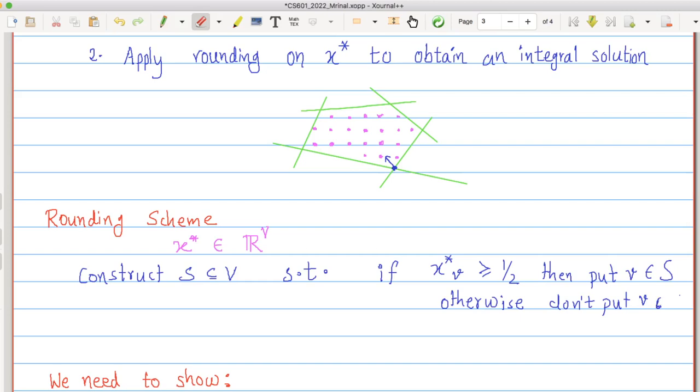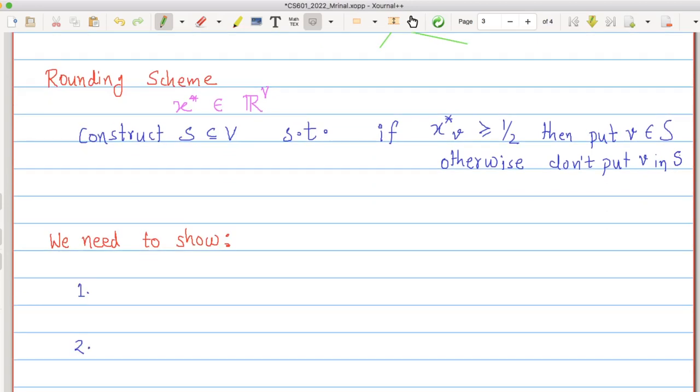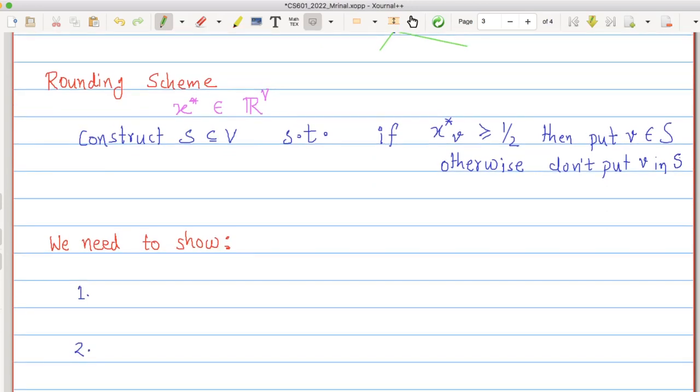So now the first thing we need to show is that the set S we are obtaining is indeed a vertex cover, right?